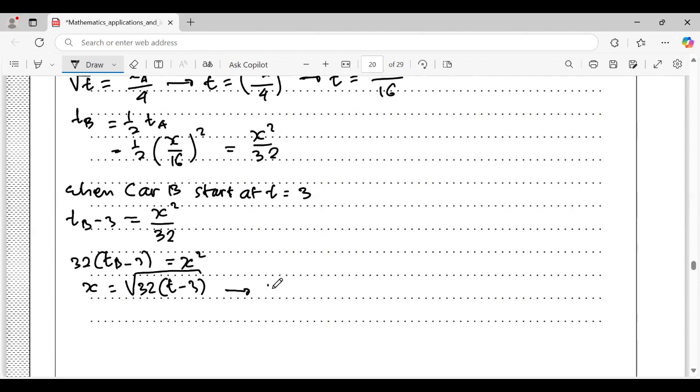So x equals the square root of 32(t minus 3). 32 is 16 times 2, so x equals 4 square root of 2(t minus 3).